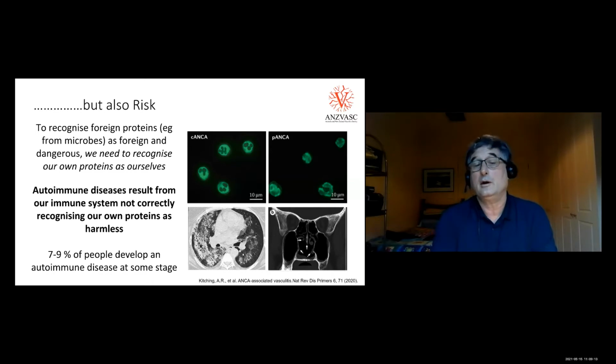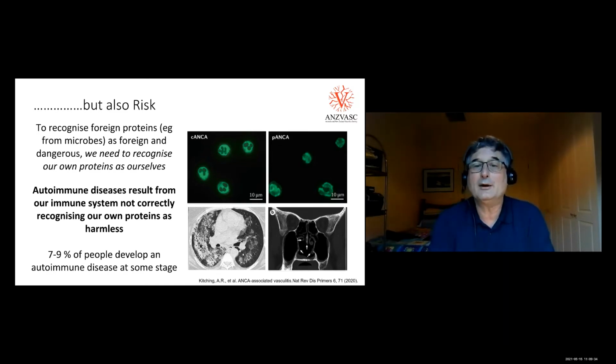So quite a few forms of vasculitis are in fact autoimmune diseases, and they result from our immune system not correctly recognizing our own proteins as harmless. In other words, there's a misdirected immune response in the body that leads to inflammation of blood vessels.